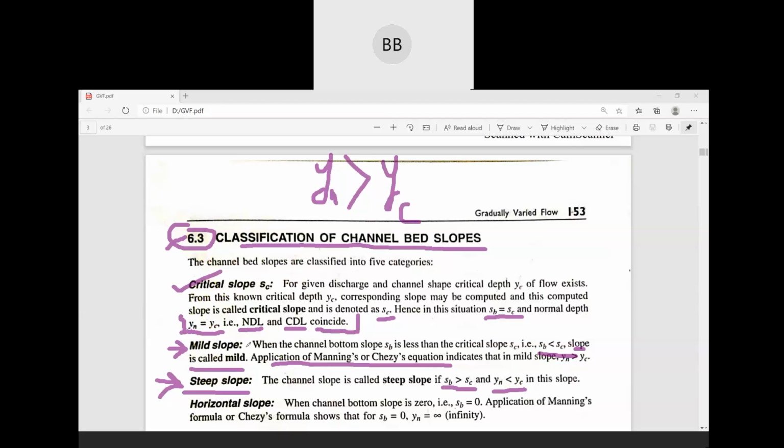In the second case, your normal depth is greater than critical depth. And in the third case, your normal depth is less than YC, that is your critical depth. Okay. Done.